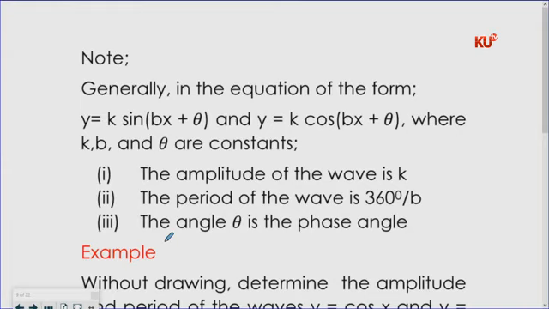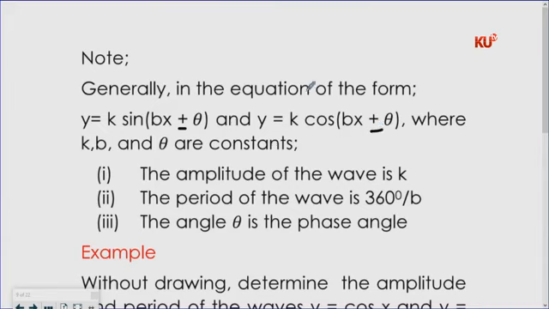So this example will help us understand how we can go about such kind of questions. And we have two functions here. Given the function of the form y is equal to k sine bx plus or minus theta, the sign doesn't matter, or y is equal to k cos bx plus or minus theta.